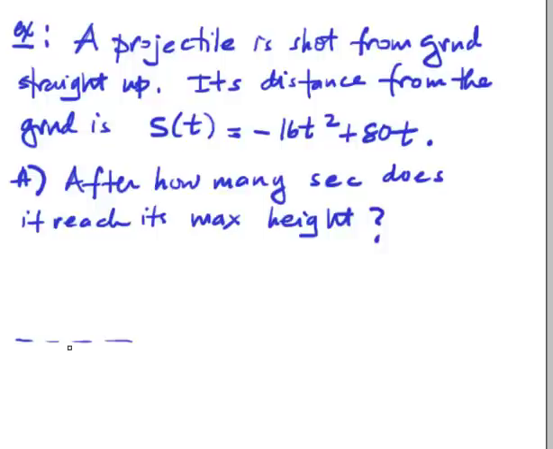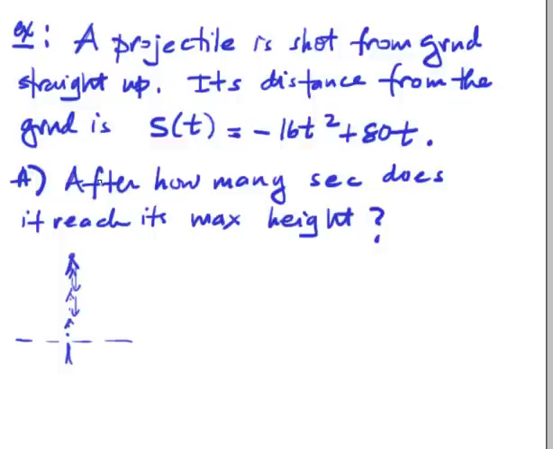So you have a projectile being shot out of the ground straight up into the air. It's going to reach its maximum height, and then it's going to turn around and come straight down again. So we want to know after how many seconds does it reach this maximum height.